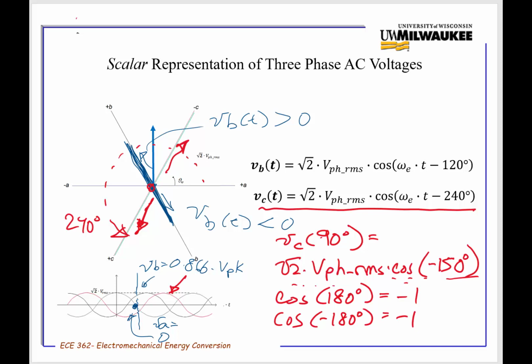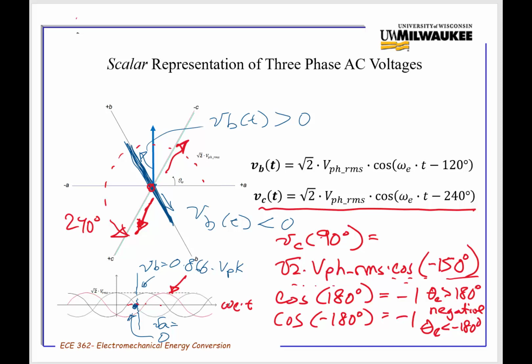So if theta E is greater than 180, we're going to get negative amplitudes. Less than negative 180, what are we going to get? Let's think about that for a moment, and let's look at the angle along this omega E t axis, thinking of it as an angle now.